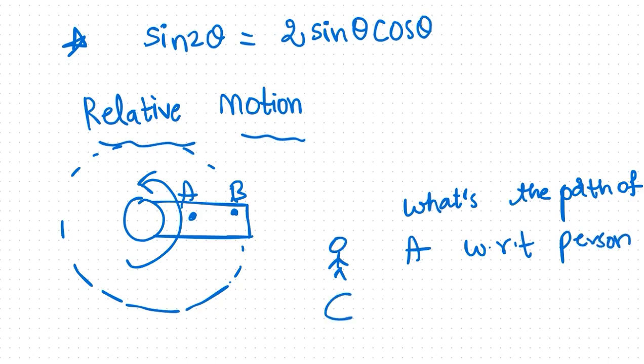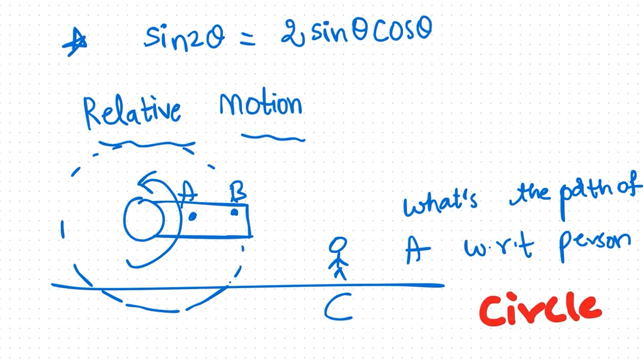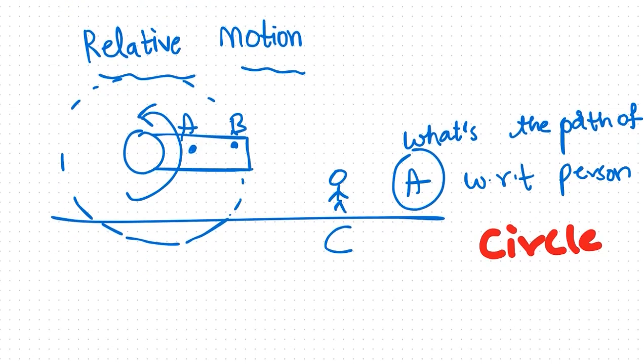Let's just see. How will that appear to person C? How is A moving? A is rotating, circular, right? But the same ant A, if perceived by B, is what?